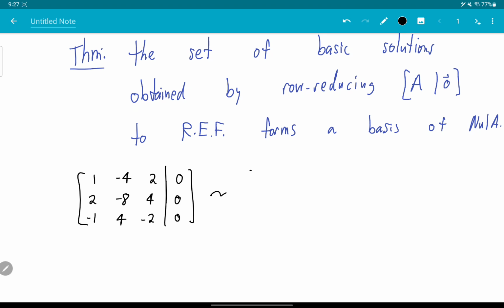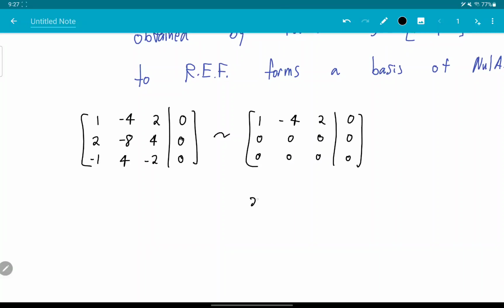So I'll reduce this to reduced echelon form. That is essential. It has to be reduced, or you will not get a basis necessarily. So if I do the obvious reductions, then most of this matrix disappears.